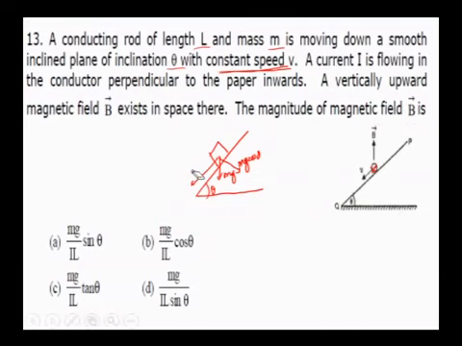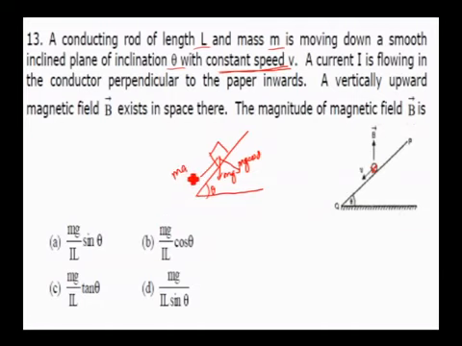This component is mg sin theta and this component is mg cos theta, and in this case this is the normal reaction. We know that the normal reaction is mg cos theta. Like that, on this conductor mg sin theta is acting in downward direction. This is the direction of mg sin theta.